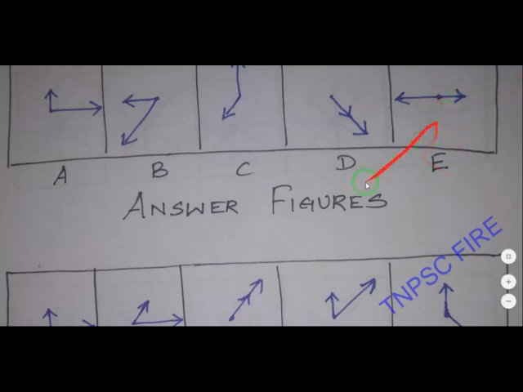Okay, here what is this? 1, 1, 1, 1, 1. So here this line comes in between the D image. There is one line between D image and E image. Here is an E image, no? One line between the E image and answer image. Okay, so this is the answer for this question.